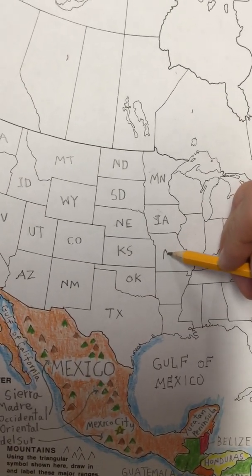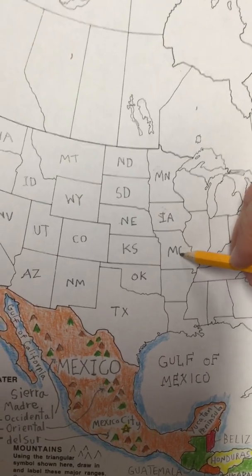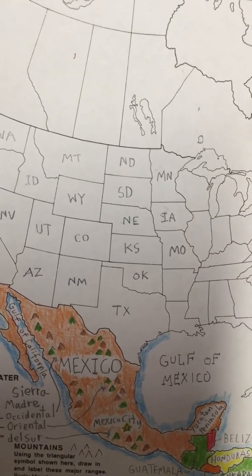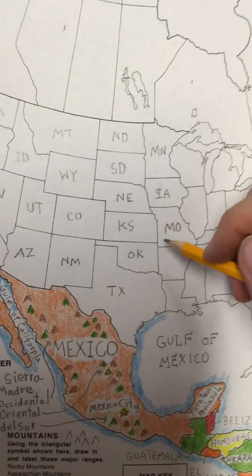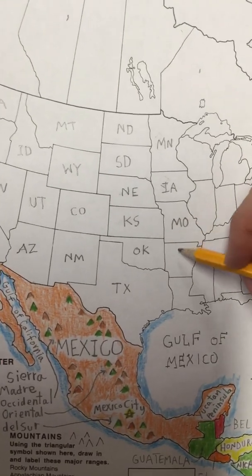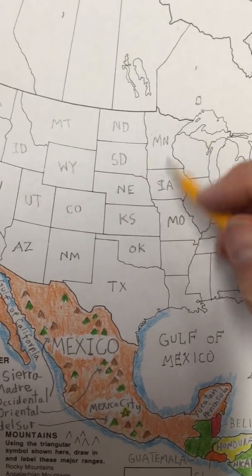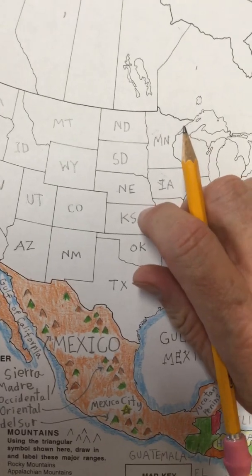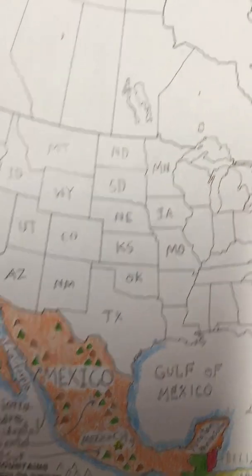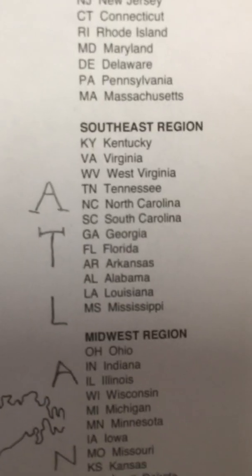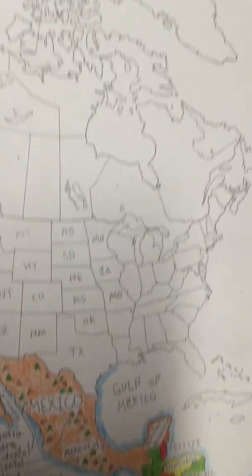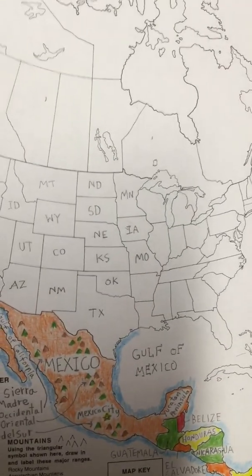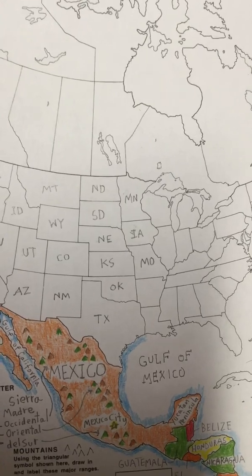I believe this is Missouri, M-O. Missouri. Okay. Just south of Missouri is Arkansas, which is A-R. Let me make sure that's right.